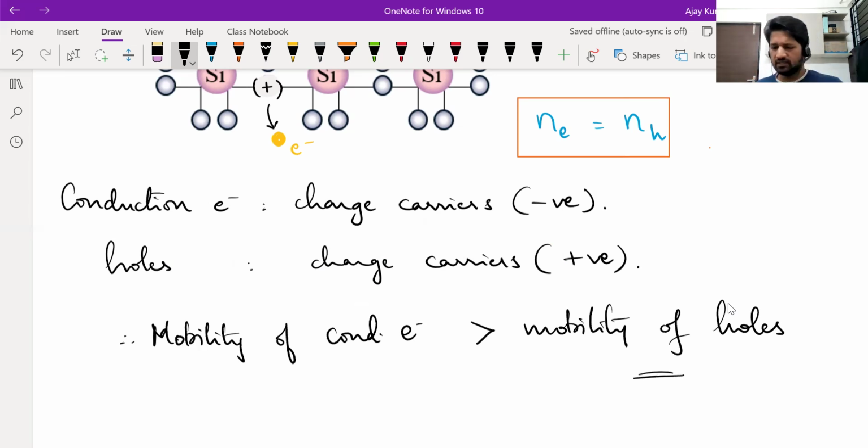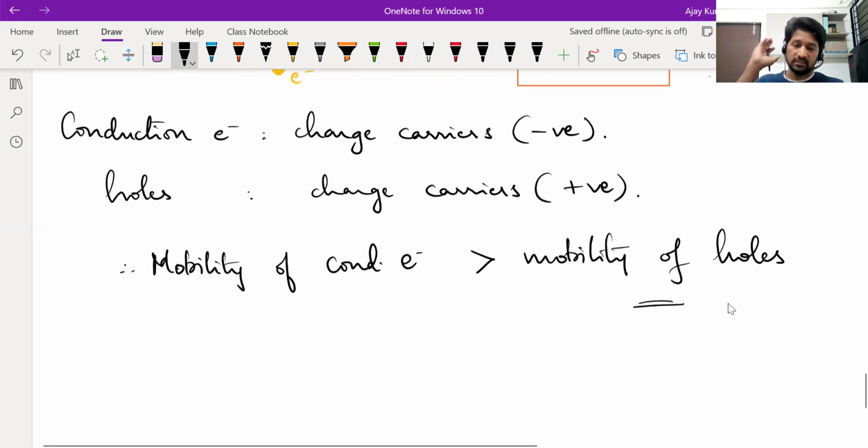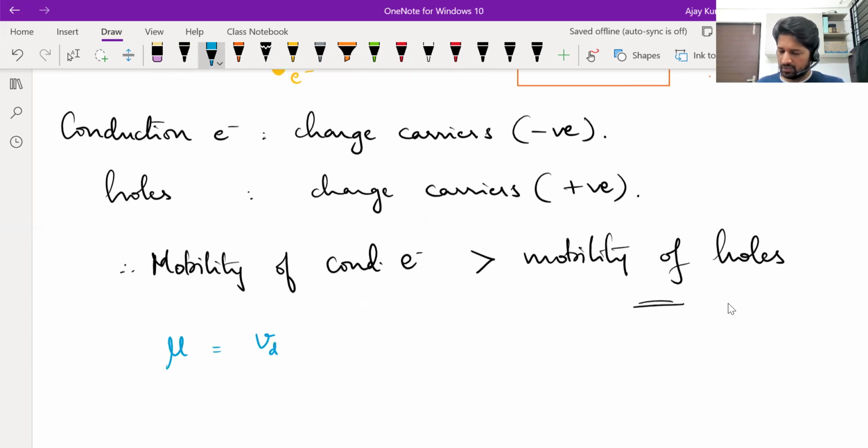Okay, mobility is a well-defined term. We had talked about this in current electricity way back. Mobility, denoted by the symbol mu, is basically the drift velocity per unit electric field. You know that to make electrons drift, you need to apply an electric field. Okay, and there's a proper formula for drift velocity also. E by m, force by mass is acceleration, into relaxation time. Okay, this is the drift velocity.